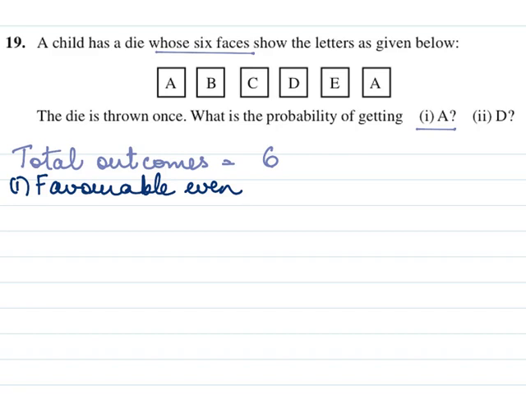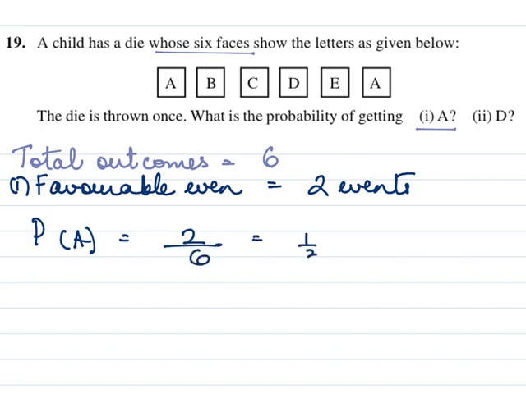And in this, the favorable event is to get A. Now how many A's do we have here? We have 1 and 2 A's. So the number of favorable events is 2. So the probability of getting A will be 2 favorable outcomes over total outcomes, that is 6, that is 1 by 3. Now for the next part, they ask what is the probability of getting a D?